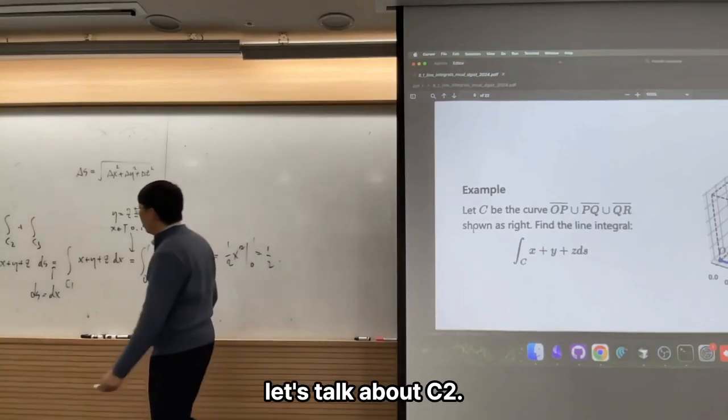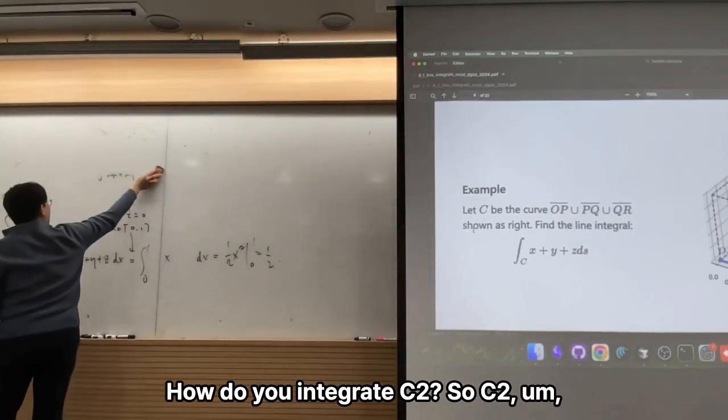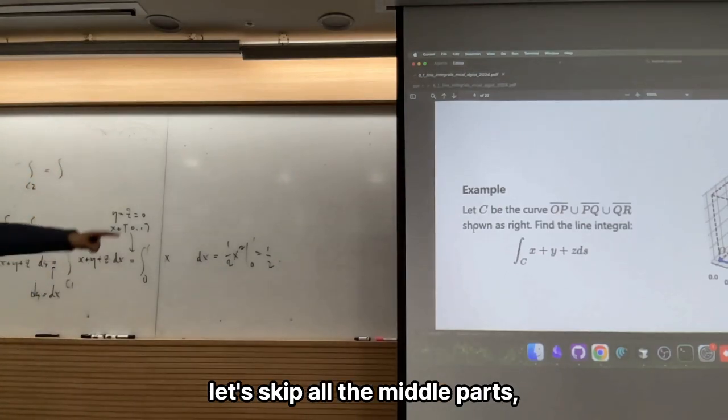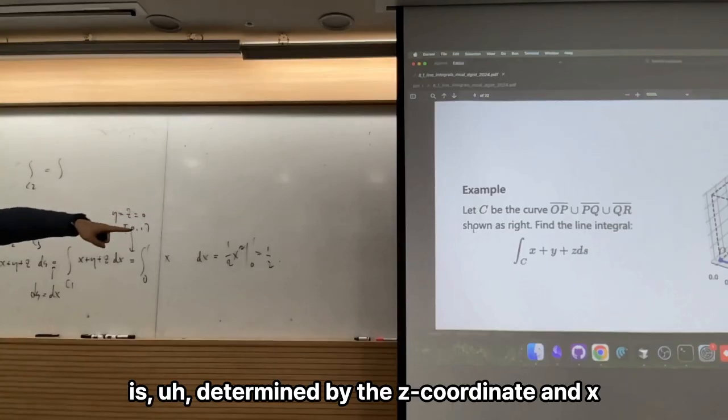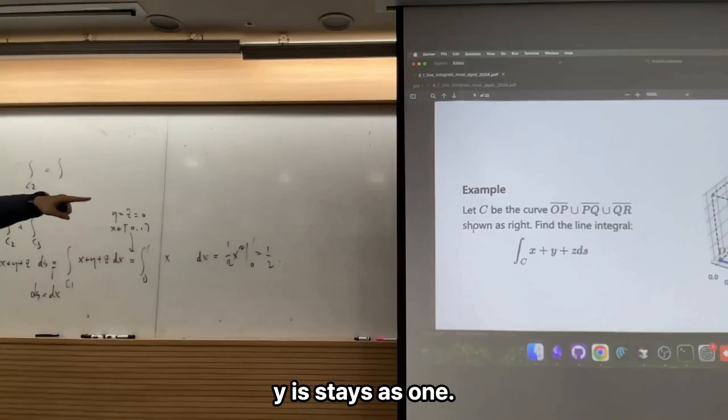So for example, let's talk about C2. How do you integrate C2? Let's skip all the middle parts. C2 is determined by the z-coordinate, and the x and y coordinates stay the same. X is 1, y stays as 0.